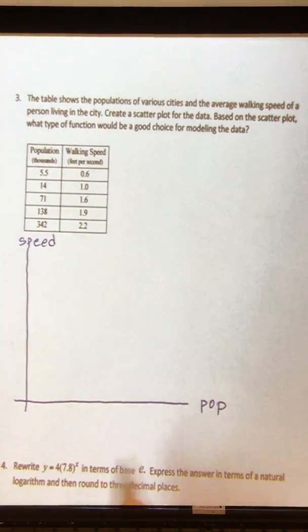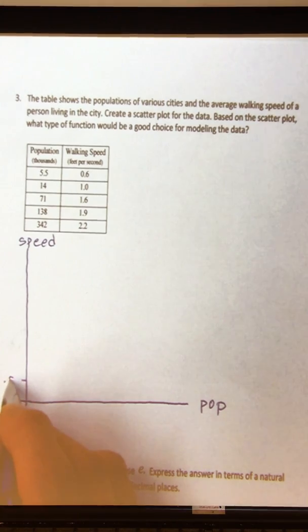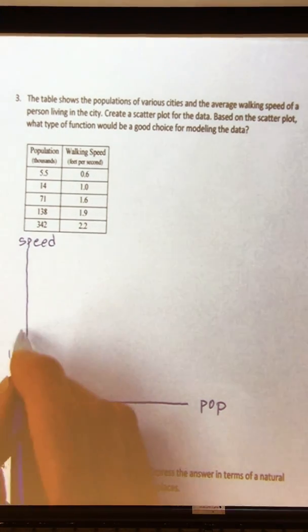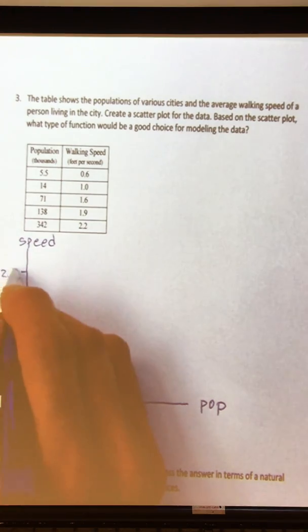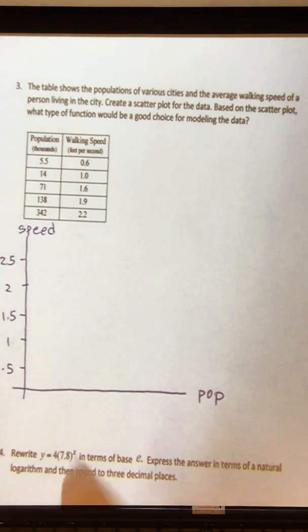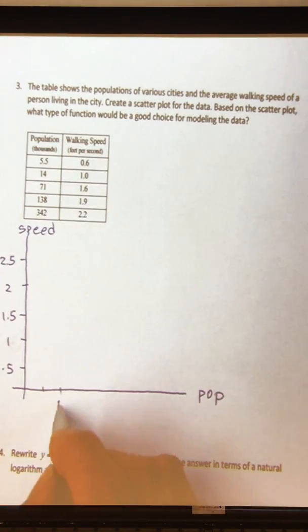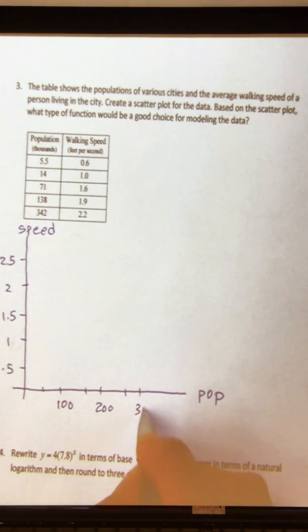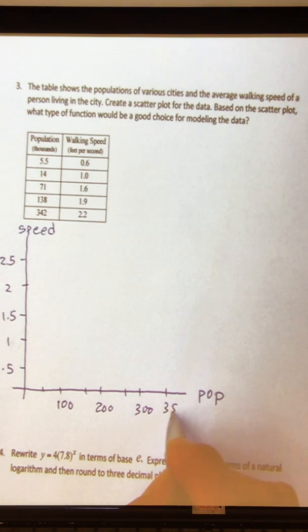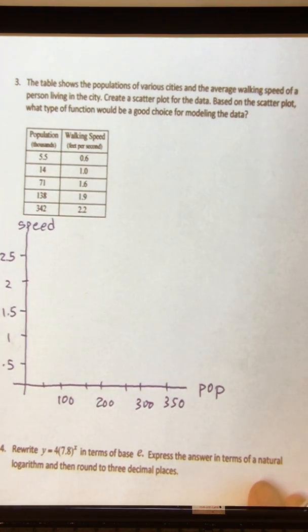So we'll tick off the axis here in a meaningful way, maybe by 0.5s. And we'll tick off the horizontal axis, say by 50s, 100, 200, 300, and 350 there. And we'll plot these points.